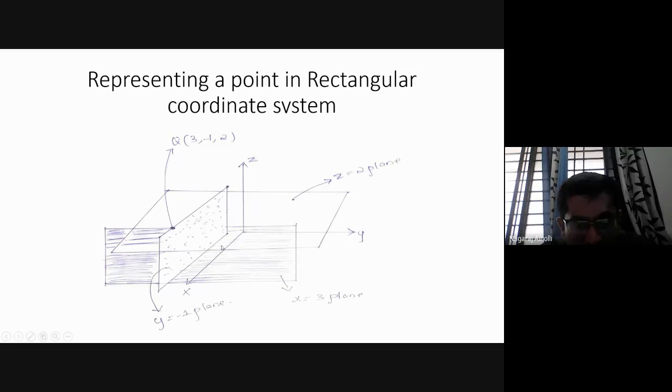Then z equal to 2. Here I have drawn, you can see this here, the top portion. So this is z equal to 2.